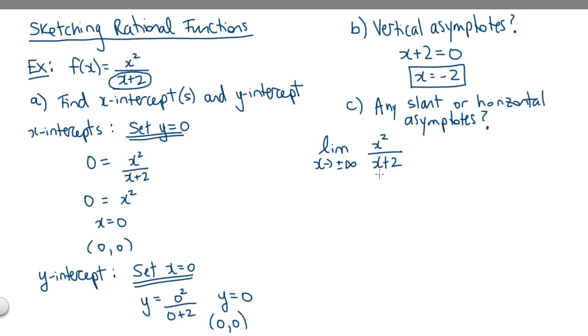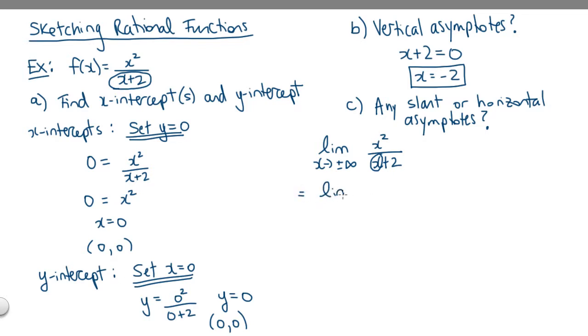If we think back to the beginning of the course, we saw the technique on how to handle these types of limits as x goes to plus or minus infinity. The trick is to look for the highest power of x that is in the denominator. The highest power of x in the denominator here is x. We're going to divide every single term in the numerator and the denominator by x.